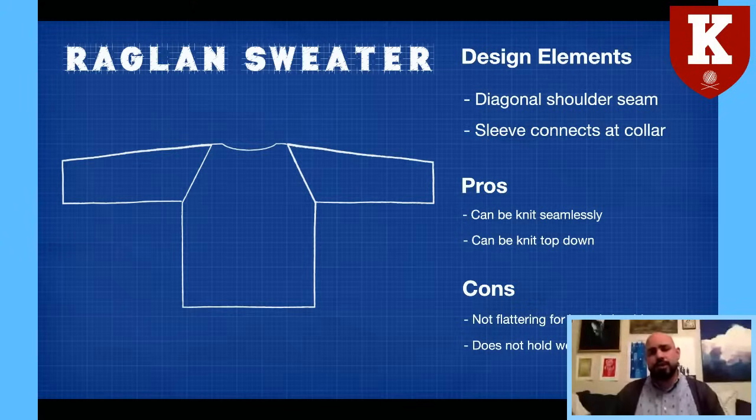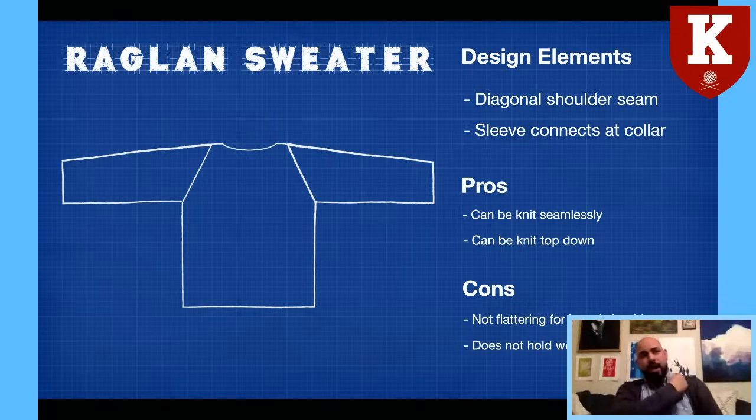The other issue with seamless sweaters in general, but also with the Raglan sweater, is it doesn't have a seam across the top of the shoulder to support the weight of the shoulder. The seam is coming across the side. So it's not that this can't support any weight, but if you're doing this top down and seamlessly, there's not anything, from an engineering perspective, for the weight to be distributed across.